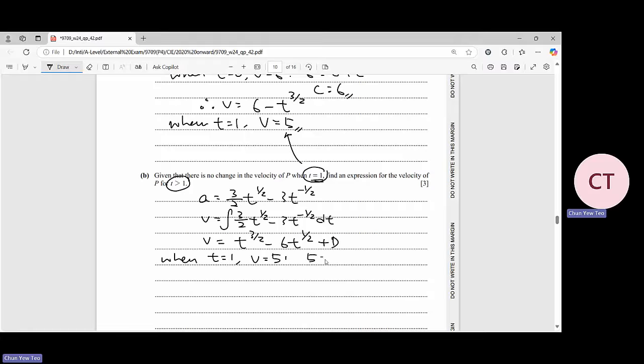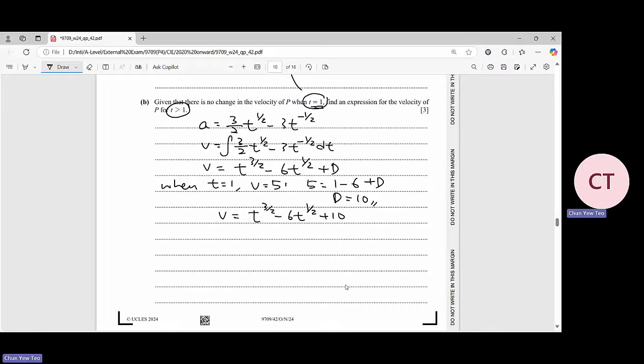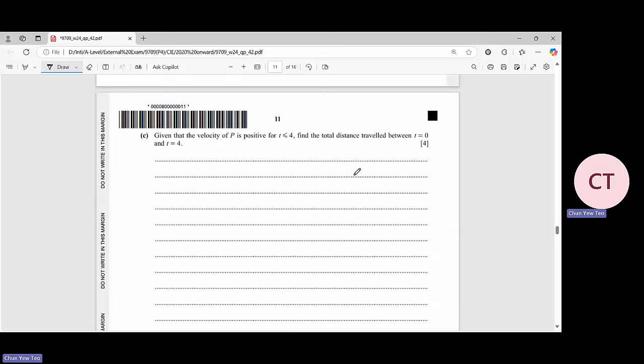So 5 equals 1 minus 6 plus d. Therefore, d is 10. So v equals t to the power 3 over 2 minus 6 t to the power half plus 10. That is v. We have done part B already. Now moving on to part C.